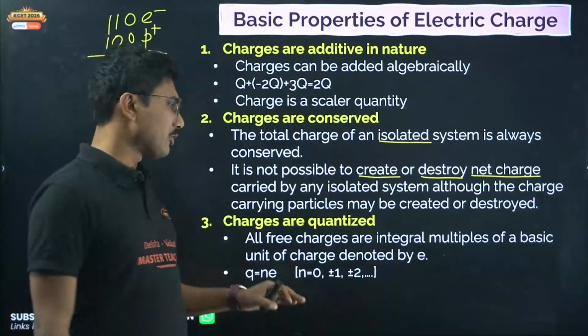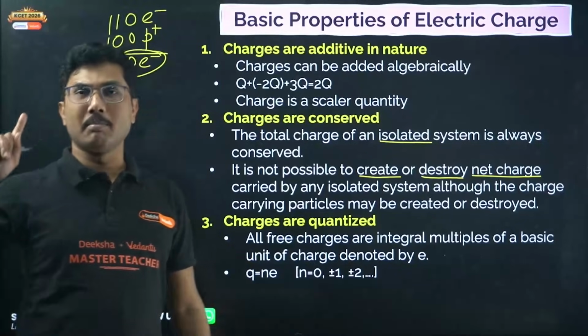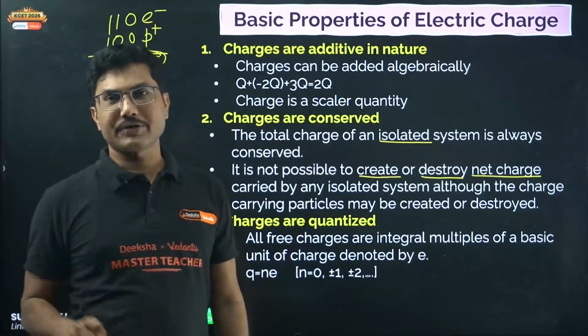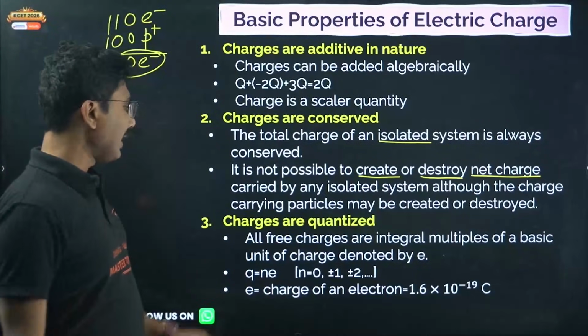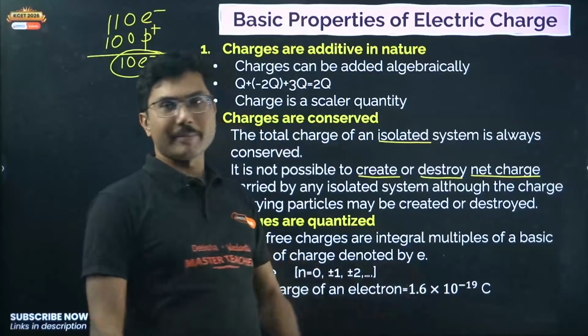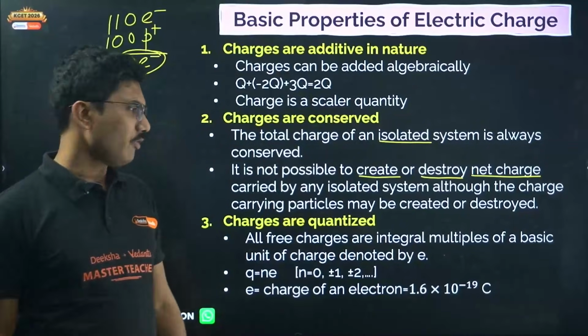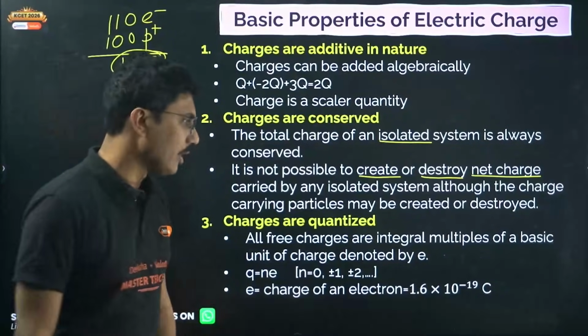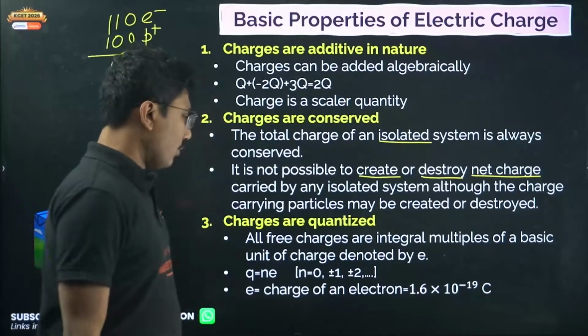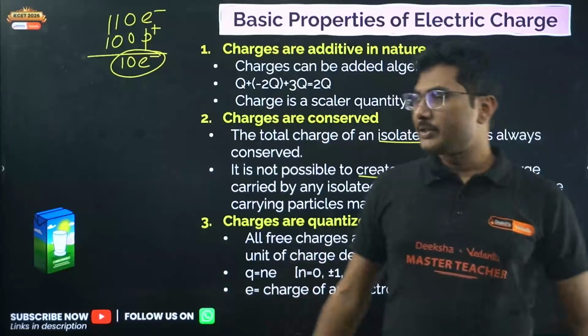Any value is possible, but it has to be a whole number. It will not be a fractional number. e is the charge of an electron and is given by 1.6 times 10 to the power of minus 19 coulomb.